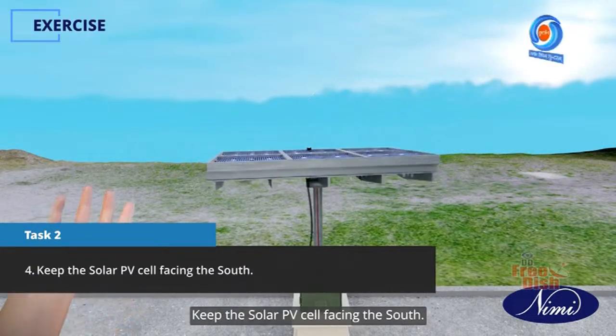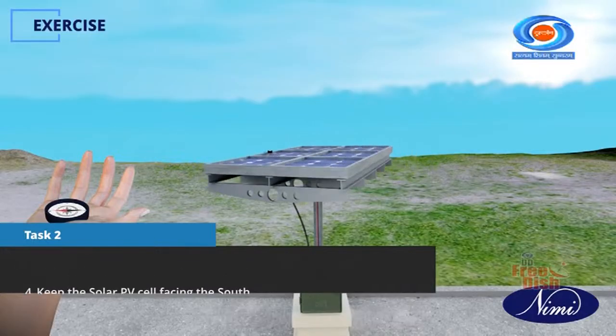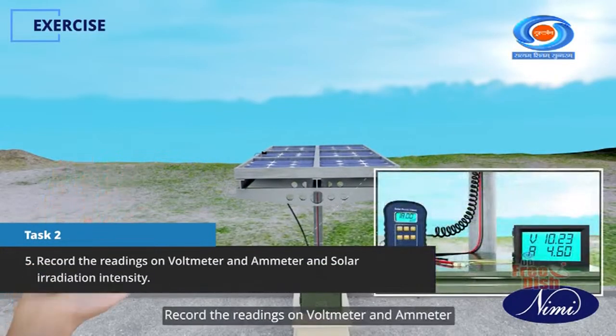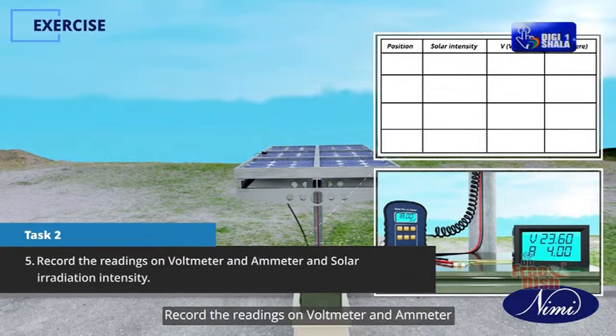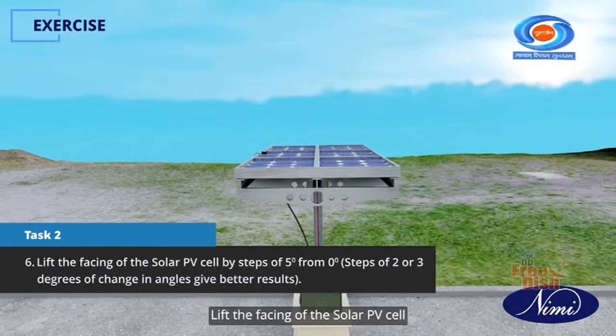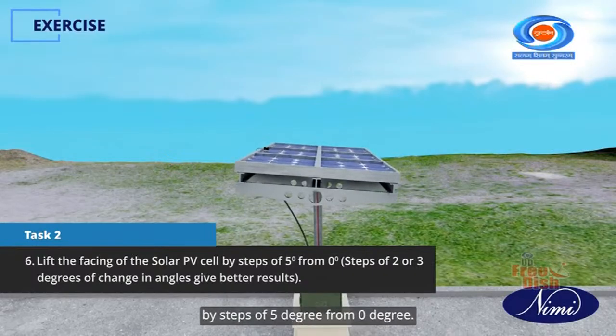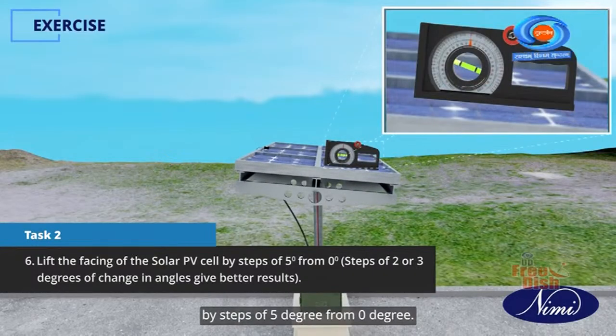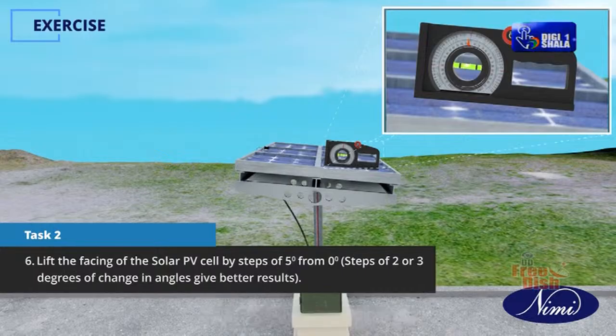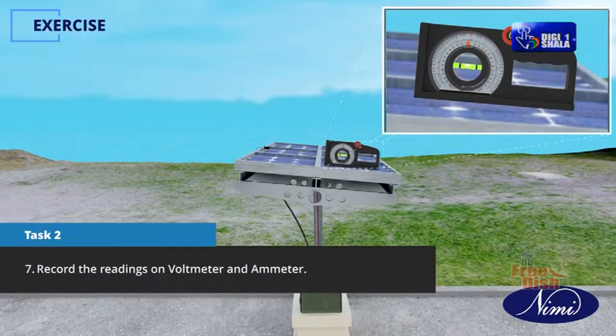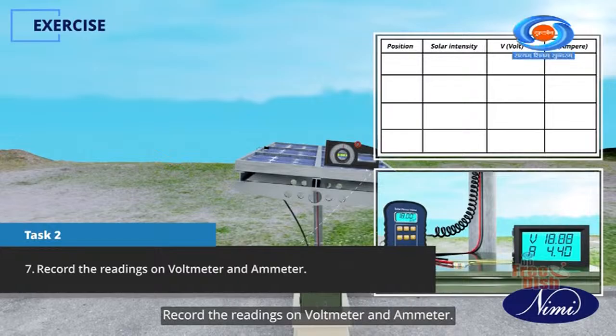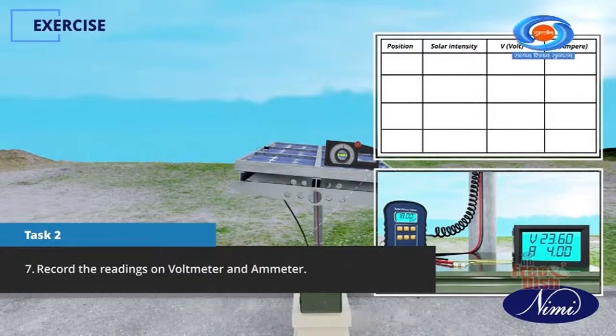Keep the solar PV cell facing the south. Record the readings on voltmeter and ammeter and solar irradiation intensity. Lift the facing of the solar PV cell by steps of 5 degree from 0 degree. Record the readings on voltmeter and ammeter.